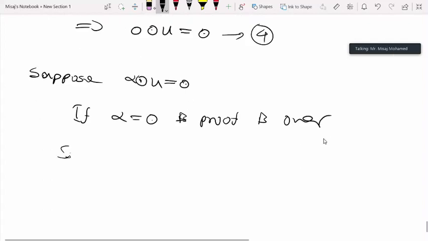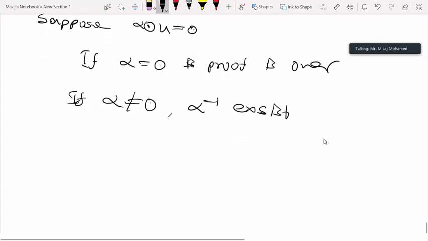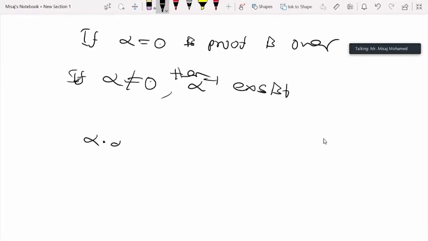If alpha is non-zero, what will happen? If alpha is non-zero, definitely alpha inverse exists. Then alpha into alpha inverse is 1.